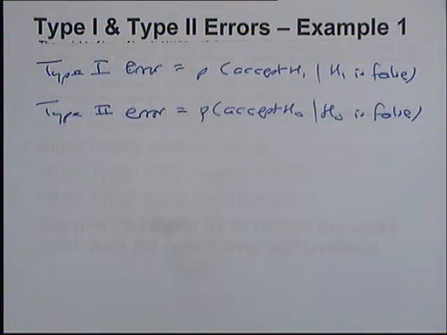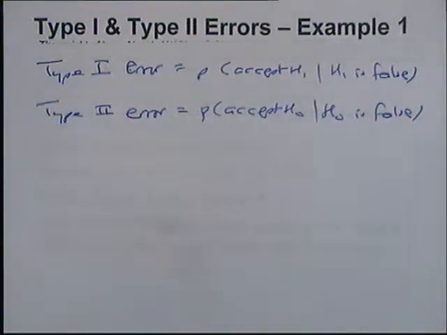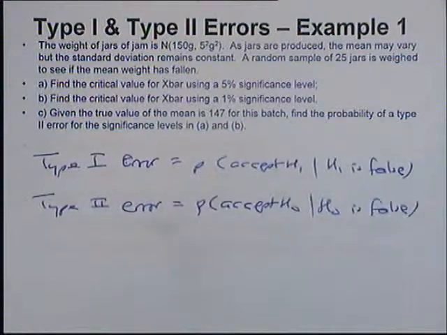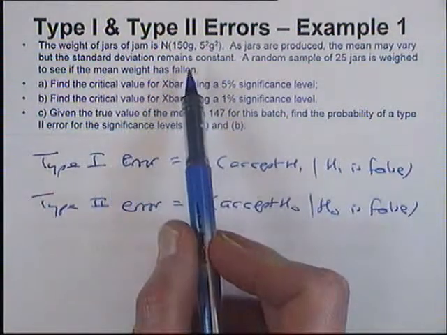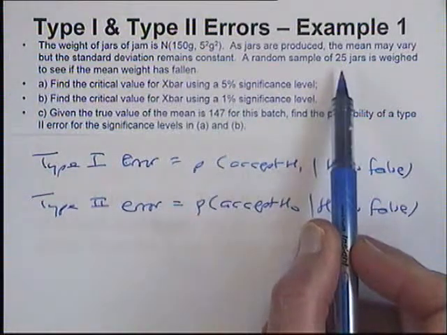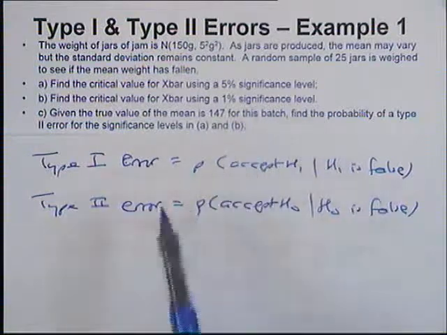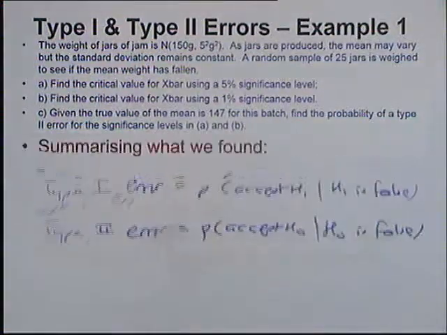We were part way through an example. I think at the end of the example we had an Alex principle. Yes, we did, to compete with the Billy principle. Quick recap on the question: jam jars, sample 25, found a critical value for 5% and found out the probability of different errors.